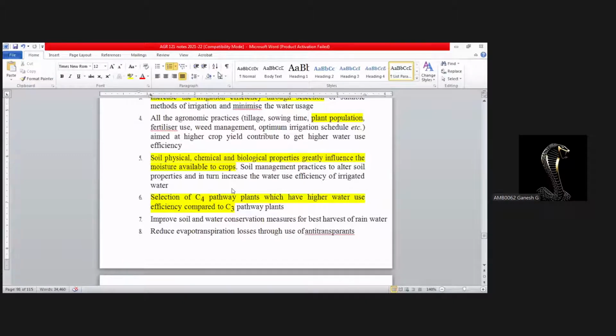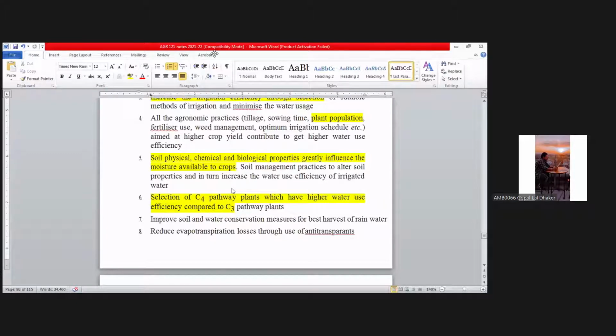Ma'am, paddy. Yeah, paddy is C4. Paddy is not C4. Who is talking? Ma'am, maize is C4. Yeah, very good, Gopal. Maize, and mango is C3. Mango, C3. Yeah, mango is C3. Then again, even our paddy is also C3. Wheat also C3. Yeah, very good.